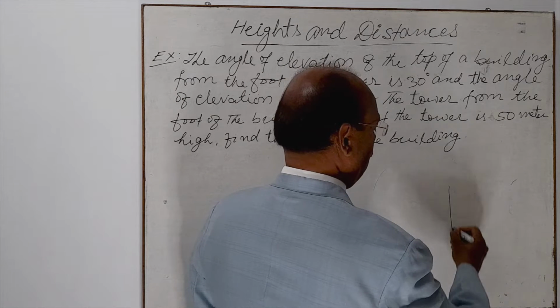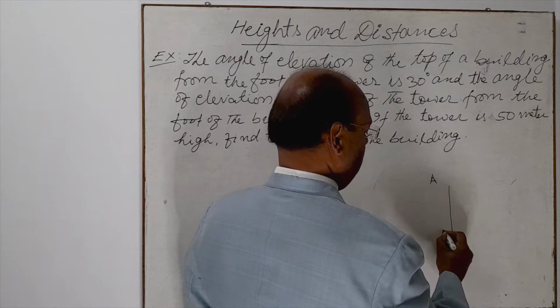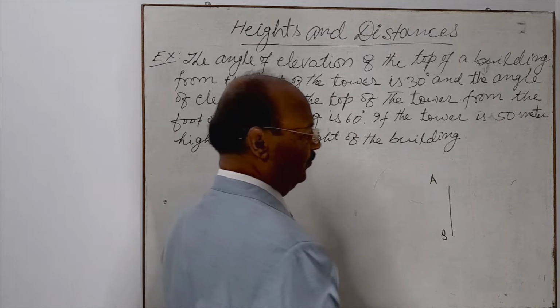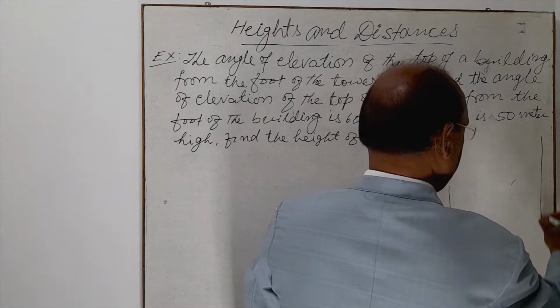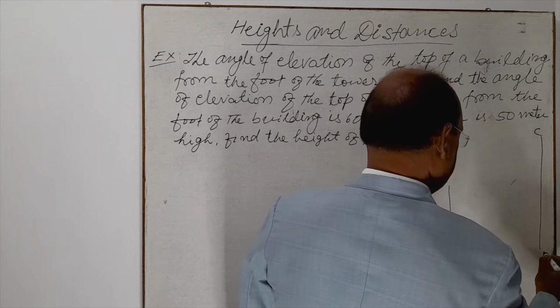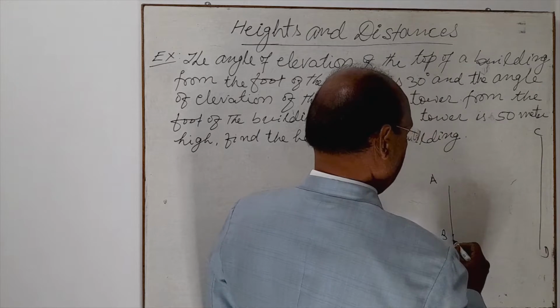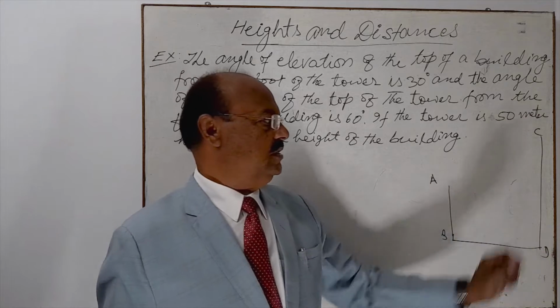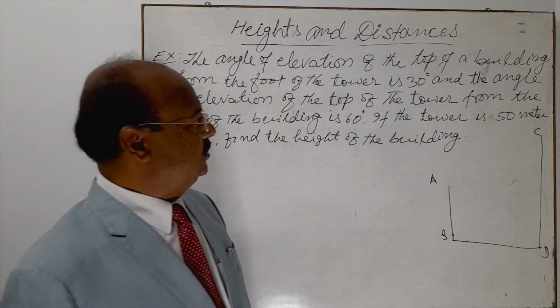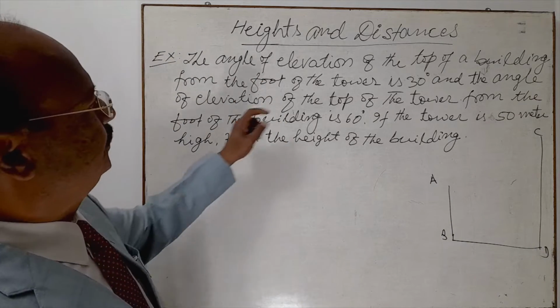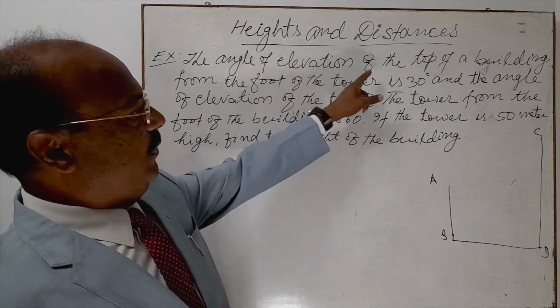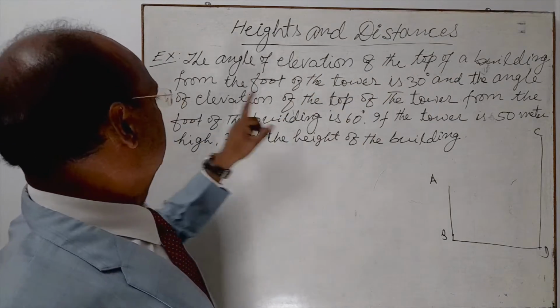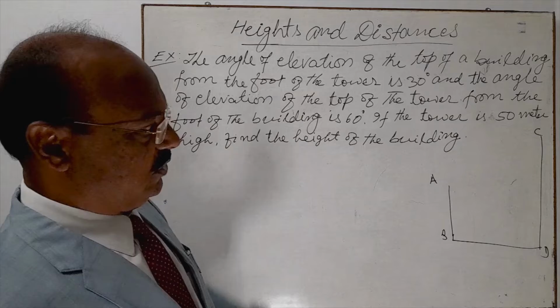Suppose AB is a building here and CD is a tower, and BD is ground. So try to understand: the angle of elevation of the top of a building from the foot of the tower.